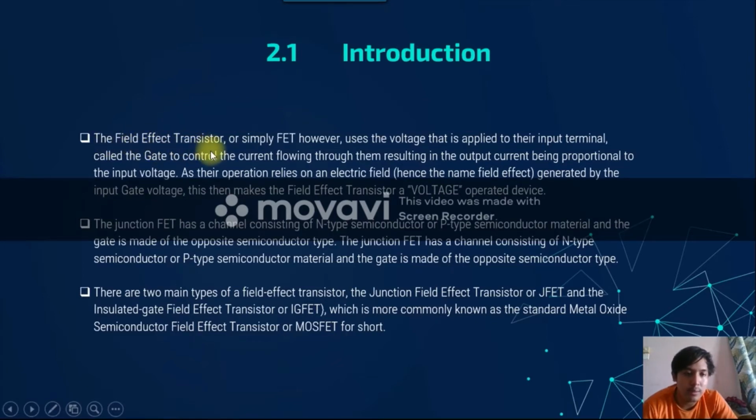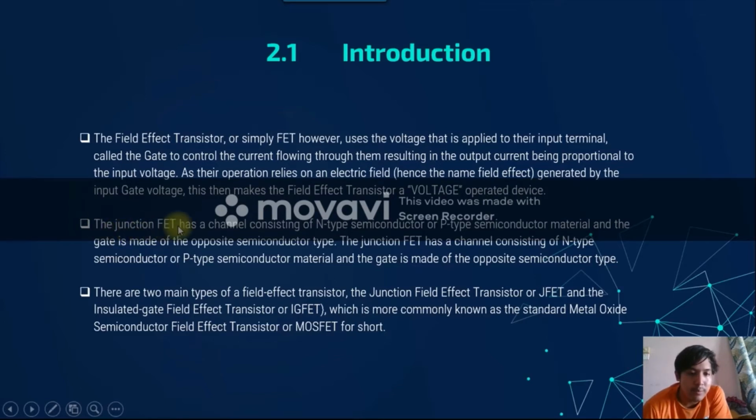The field effect transistor, or simply FET, uses the voltage that is applied to its input terminal, called the gate, to control the current flowing through it, resulting in the output current being proportional to the input voltage, as their operation relies on an electric field generated by the input gate voltage. This then makes the field effect transistor a voltage operated device.